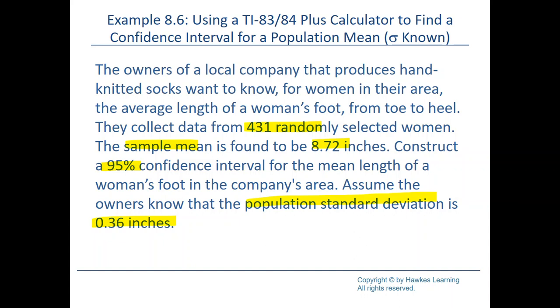I wanted to know all of this because I can actually use a calculator if I am looking for a confidence interval. Remind yourself that in this problem in particular, it says to construct a 95% confidence interval. So I'm not asking for what the margin of error is. I actually do want to know what the confidence interval itself is.